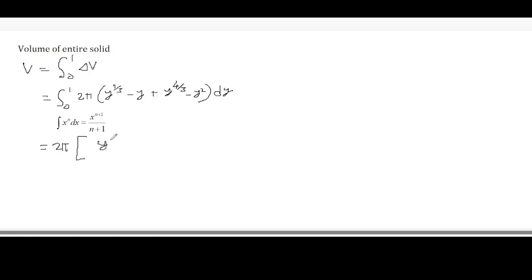The first term becomes y to the power 1 by 3 plus 1 divided by 1 by 3 plus 1, minus y squared divided by 2, plus y to the power 4 by 3 plus 1 upon 4 by 3 plus 1, minus y squared will become y cubed divided by 3. The limit is from 0 to 1.